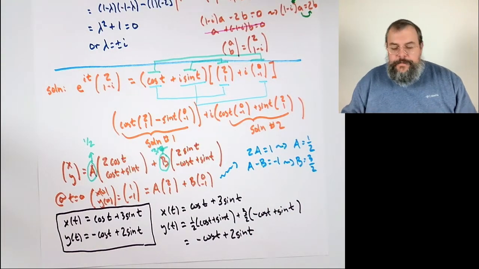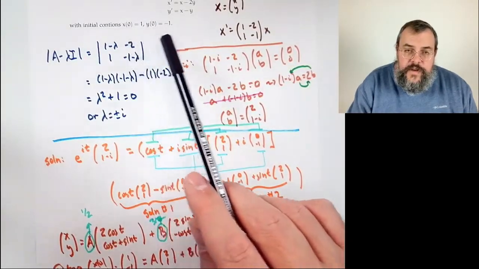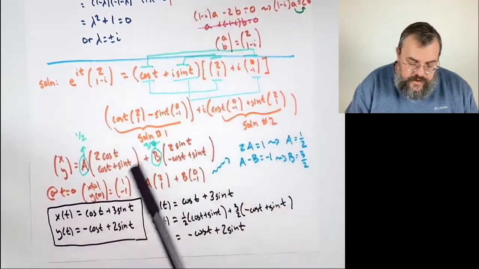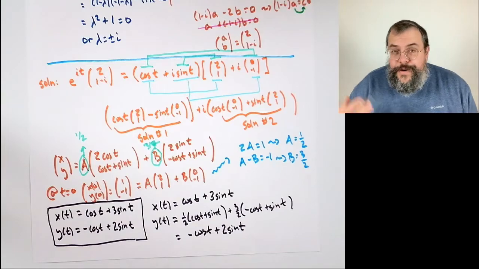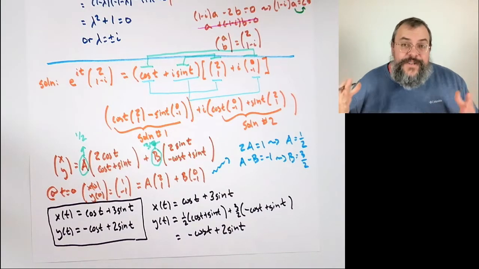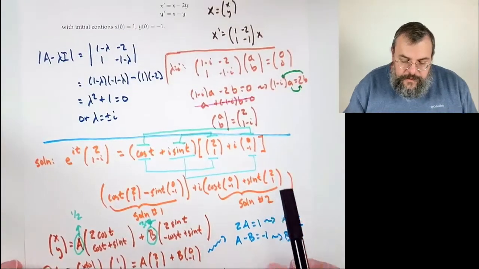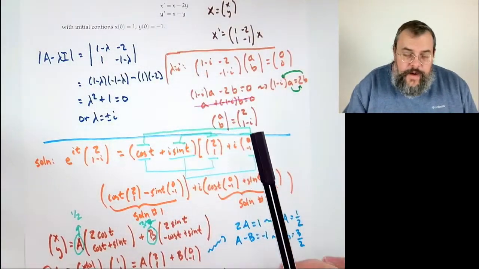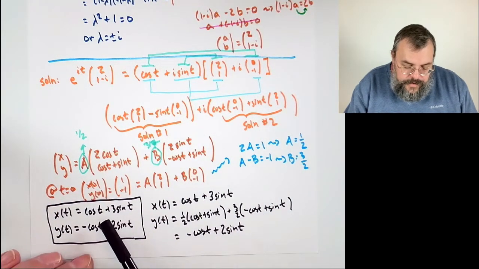We did it. Now, if we wanted to, we can check. How do we check? Well, check your initial values. If you plug in 0, we'll get 1 and minus 1. That's good. Well, probably it's not surprising that the initial values work, because it was the last thing that we did. We could even go through and say, well, does y prime equal x minus y? Well, x minus y would be what?